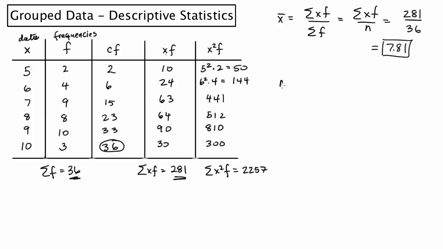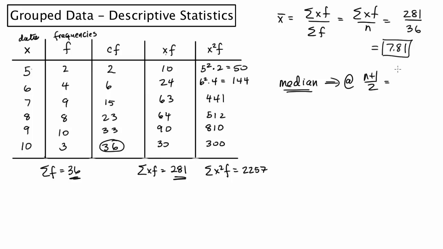Alright, next thing I want to try and calculate is the median. And remember, the median can be found at the (n plus 1) divided by 2 position. Now this is not a formula to find the median, but it's a formula to find where it lies within the data set.